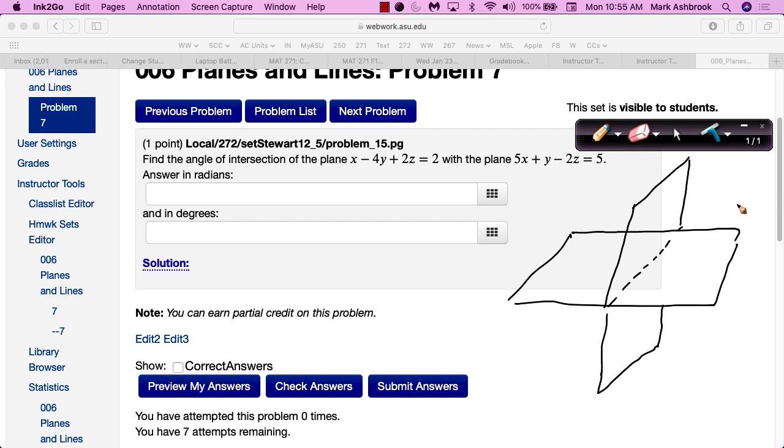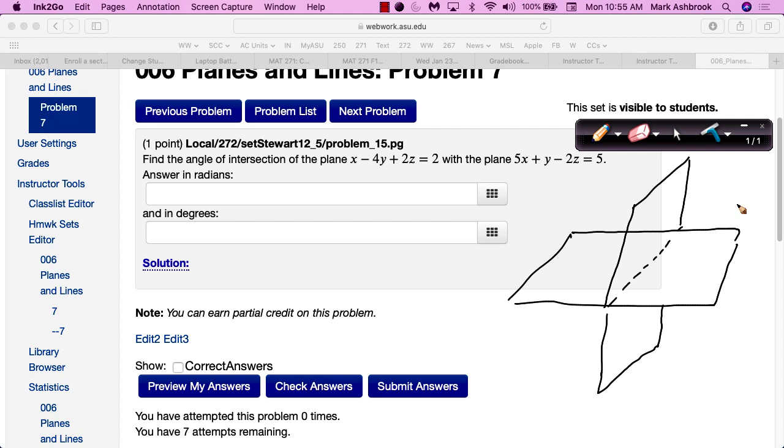So when it comes to the angle of intersection, really there's two angles, right? Unless they're at 90 degrees to each other, then all the angles are right angles. But if they're not, then there's really two angles. What they mean by angle of intersection is always the smaller of the two, the acute angle.